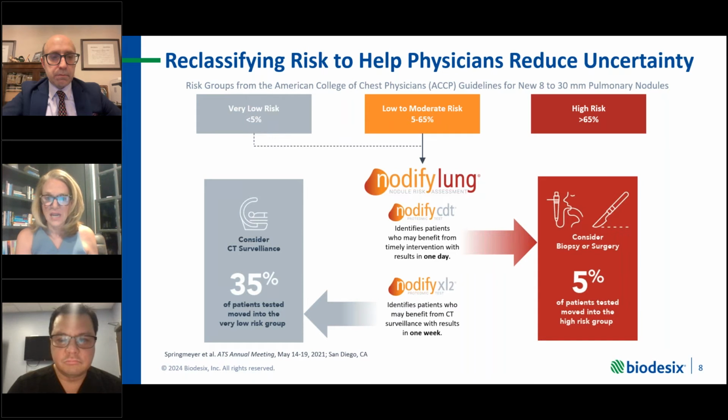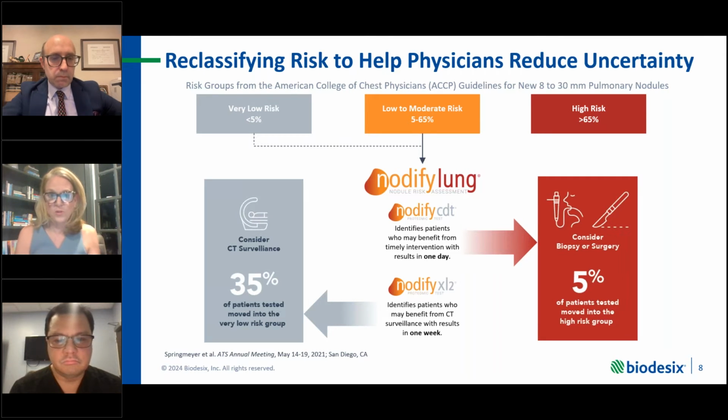And after this test, and we're not going to go into the specifics, we at least can reclassify 40% of those. So we can move 35% down and 5% up. The issue is that there's still another 40% that are left in the middle, okay? And that's where people get uncomfortable, okay? And that's what we want to talk about today: what do you do with those who are left in the gray zone? And also, how do you talk to your patients about these results, okay?